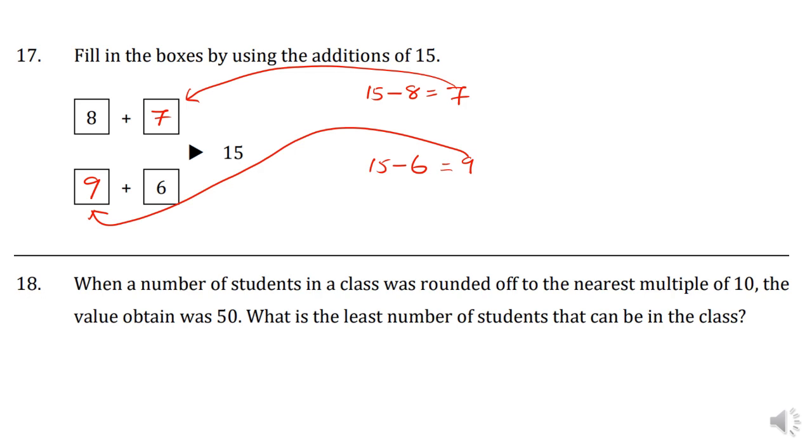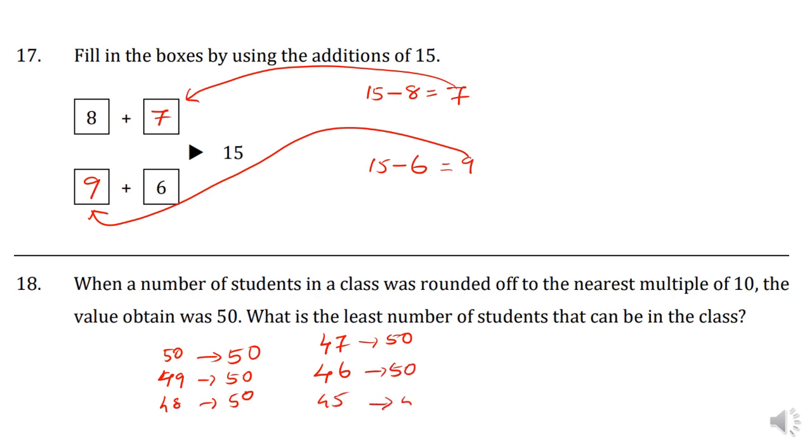When the number of students in a class was rounded off to the nearest multiple of 10, the value obtained was 50. What is the least number of students that can be in the class? To get 50, it may be 50, or maybe 49, then also it is 50. If it is 48, 47, 46, or 45, then also we round off to 50.